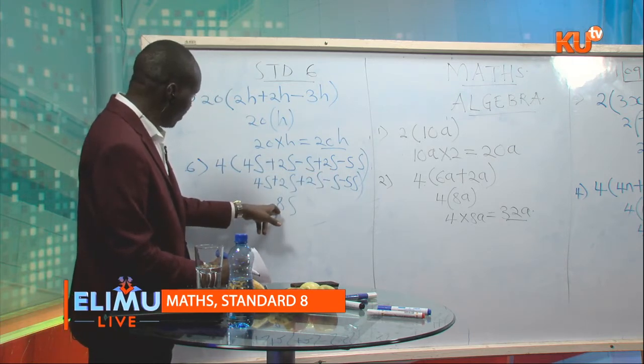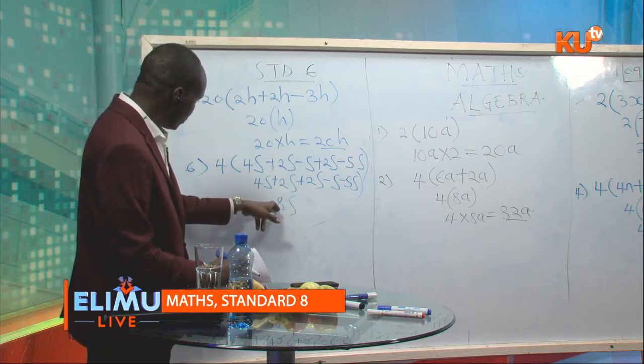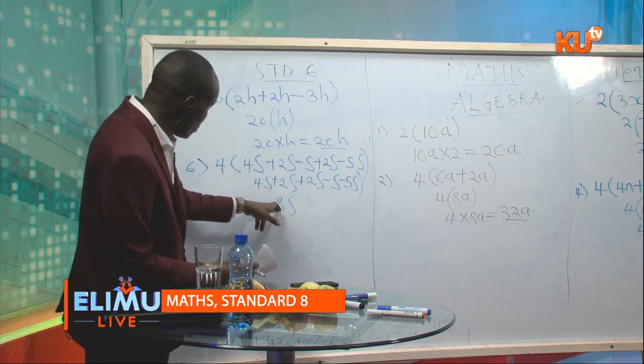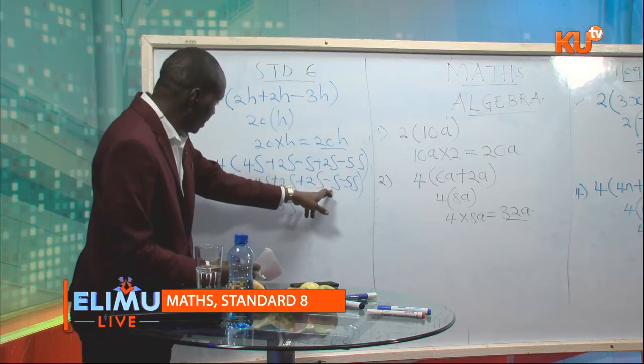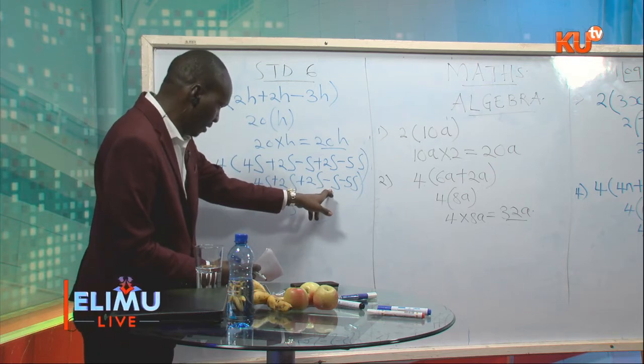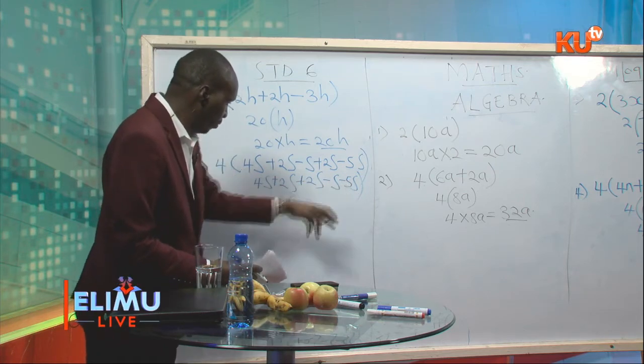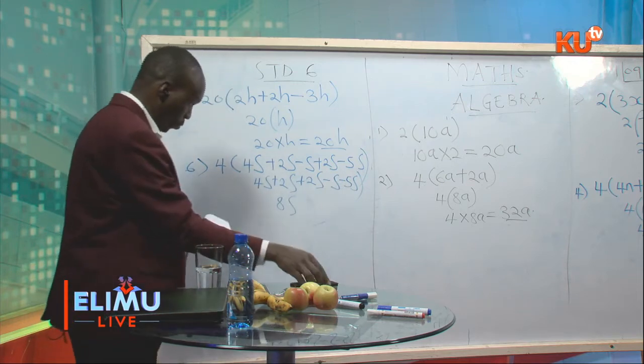Our next step after addition is subtraction. 8s, take away s, we get 7s. 7, take away 5, we get 2.